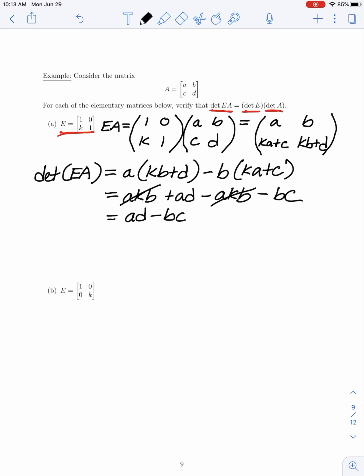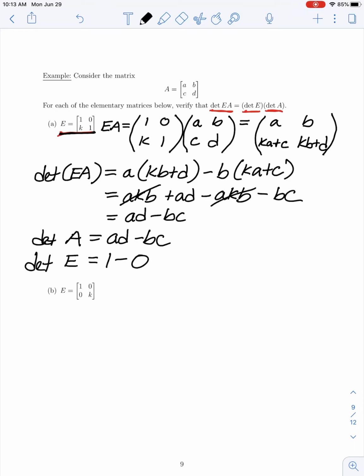So now we need to find both the determinant of our original matrix A, which was ad minus bc, and the determinant of this elementary matrix E. Looking at that elementary matrix, the product of the diagonals is 1, minus the off diagonals, which are 0.